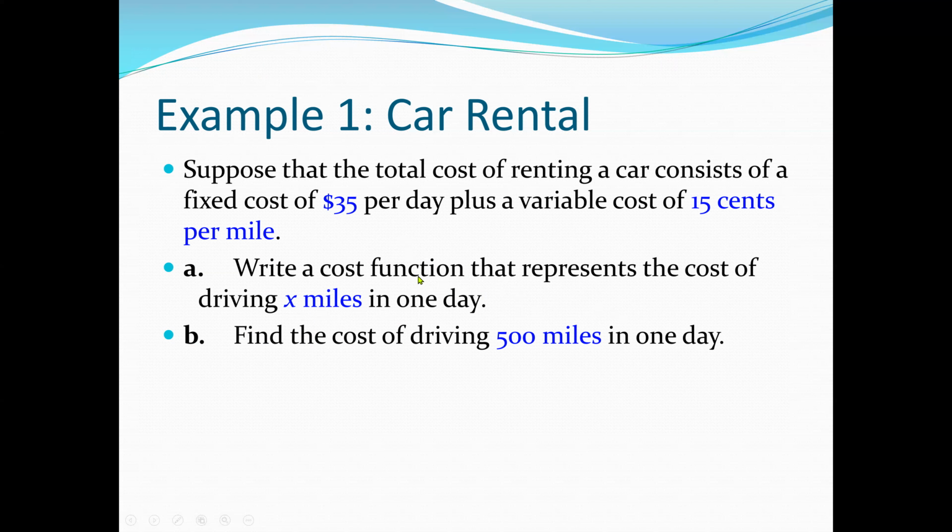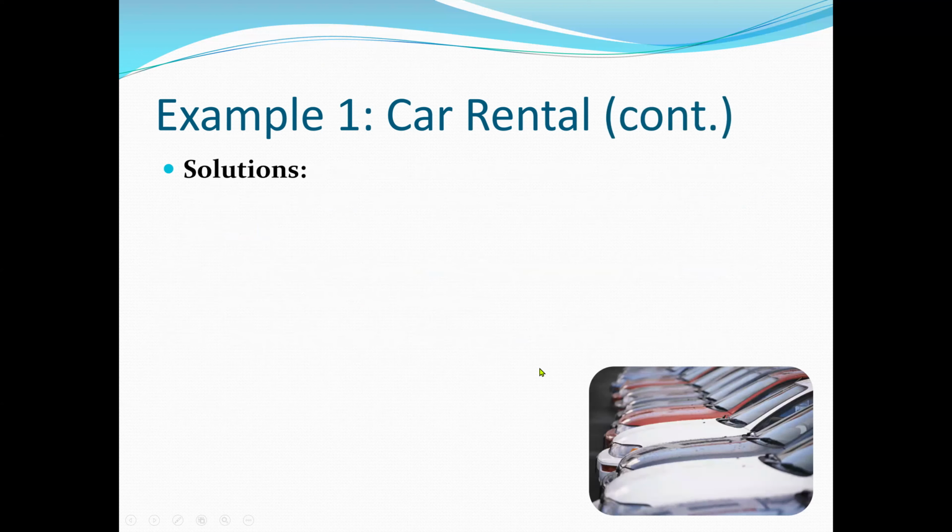The fixed cost is $35 plus the variable cost, which is 15 cents times X, because X is the number of miles. After that, we're going to find the cost of driving 500 miles. After I get the cost function, I will substitute 500 for X miles, and that will give me the cost of driving for 500 miles. So let's see the solution.